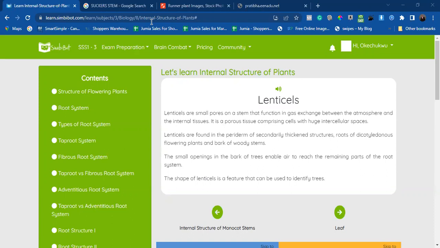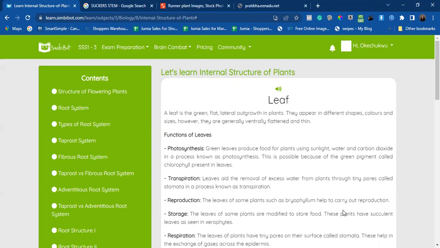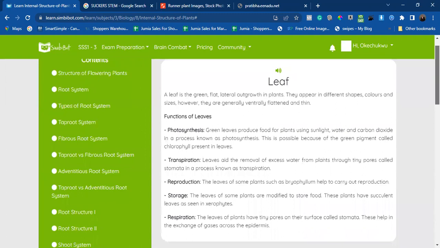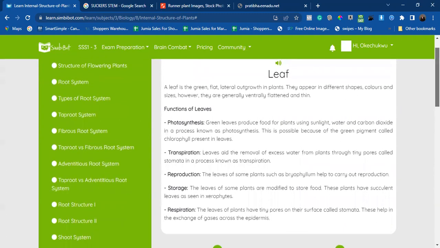Internal structures of plants. So the lenticels are majorly for gaseous exchange between the atmosphere and the internal tissues. Then virtually every one of us knows about the leaf. They come in different shapes, in different colors, and they have their functions.